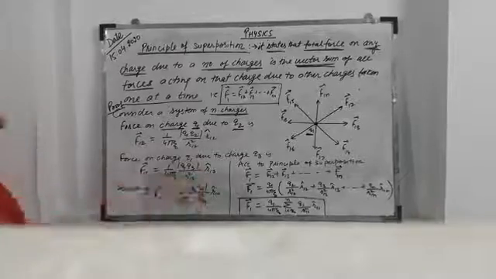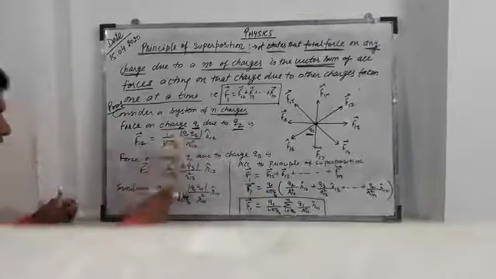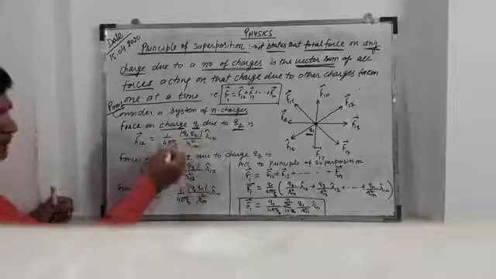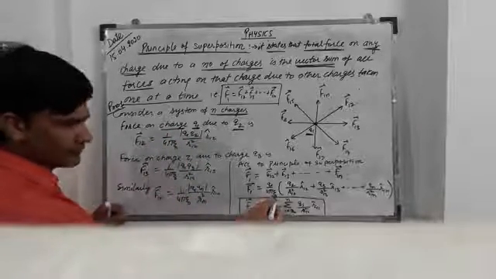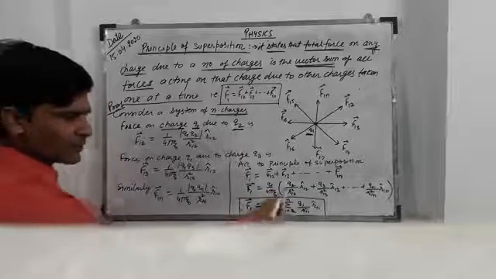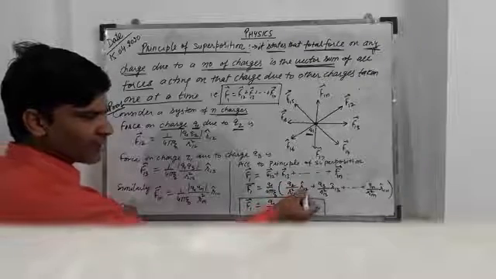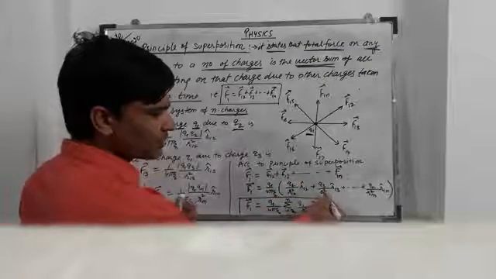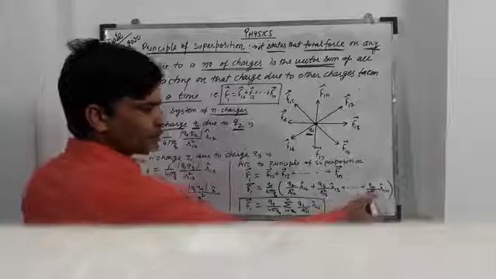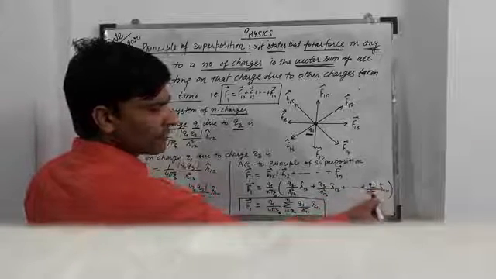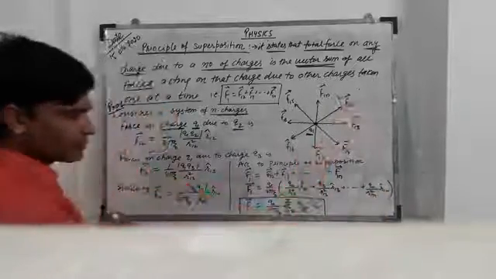Put in the values of these forces. In all these forces, Q1 and 1 upon 4 pi epsilon naught are common, so we take them common. By this we get Q2 upon R12 square R12 unit vector, plus Q3 upon R13 square R13 unit vector, up to Qn upon R1n square R1n unit vector.